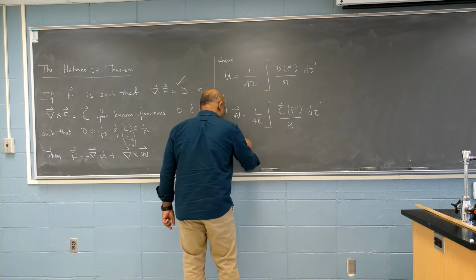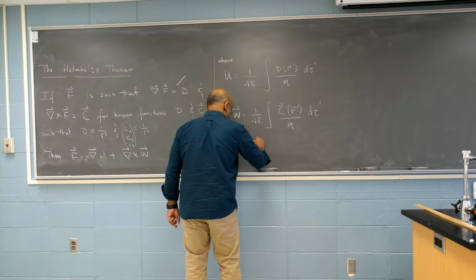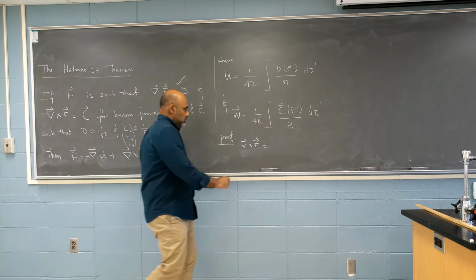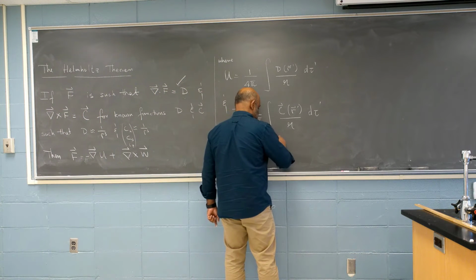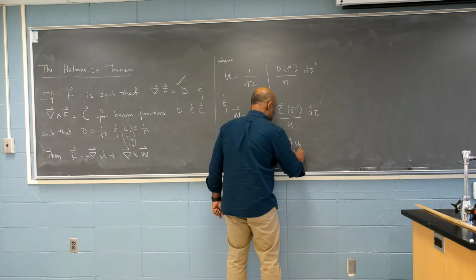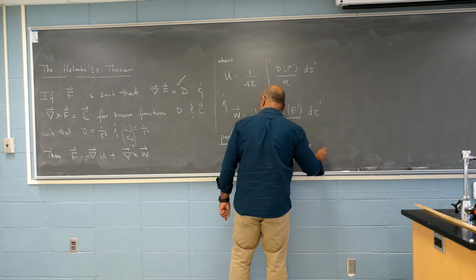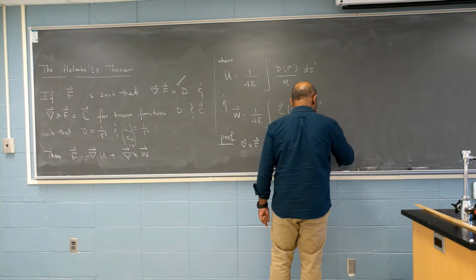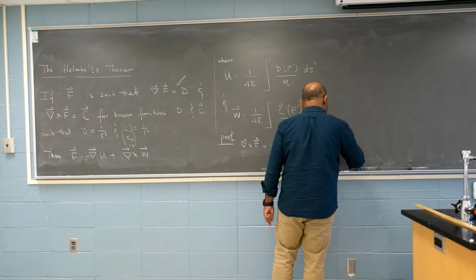So the curl of f is the curl of the gradient. Well, that is 0. This we know is already 0. Plus the curl of the curl of w.